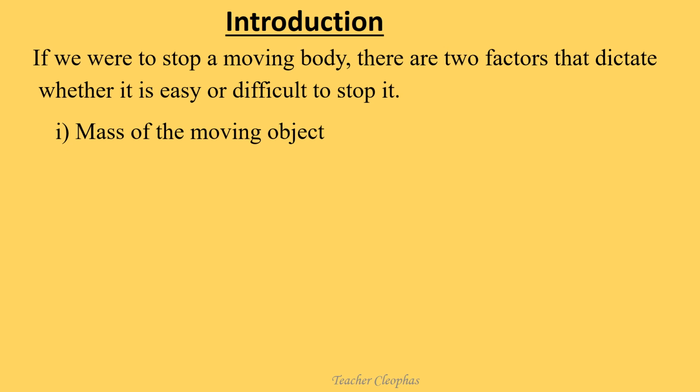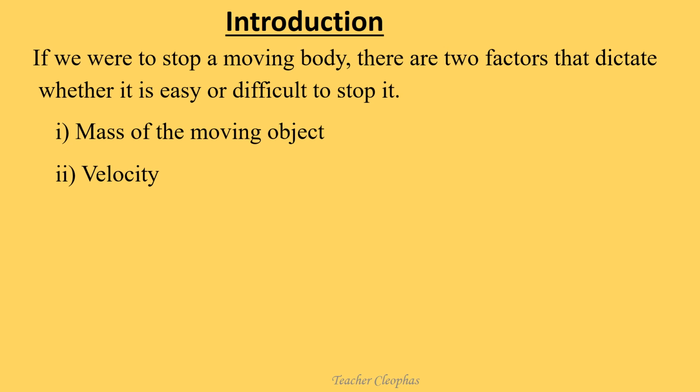The factor number 2 is the velocity at which the object is moving. If an object is moving slowly, it is easier to stop it. But if it is moving very fast, it becomes increasingly difficult to stop that moving object.